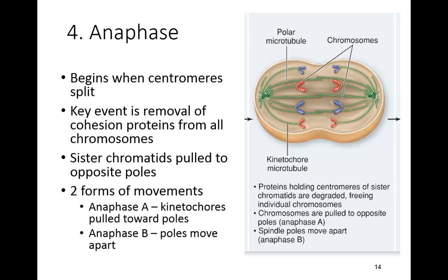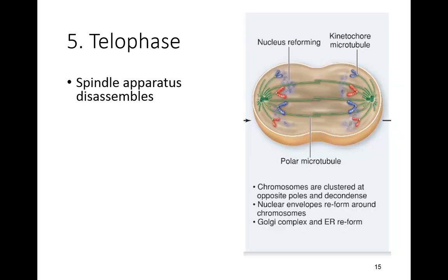And there are two forms of movement. Anaphase A is the connector cores being pulled, so the actual microtubules pulling. And anaphase B is where the actual cell itself starts to move and elongate. Okay, so the poles, the ends, start to move apart.